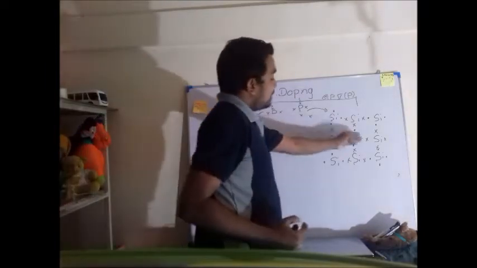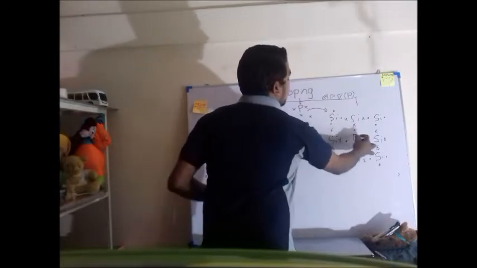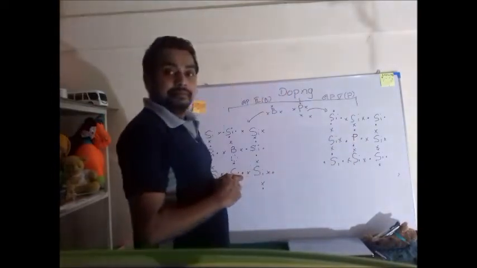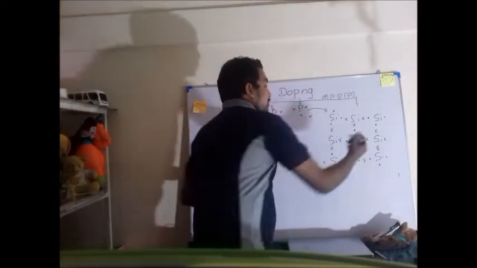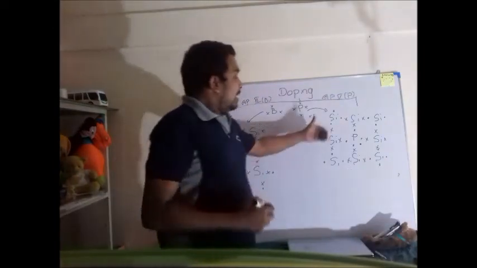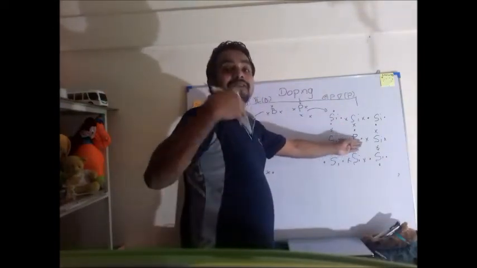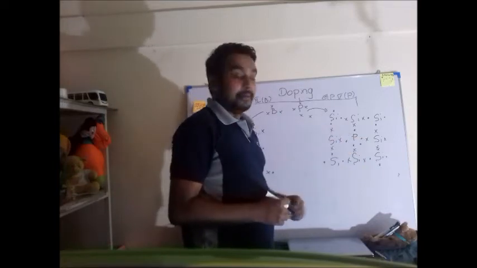Then I replace this silicon with a phosphorus atom. 1, 2, 3, 4, 5th electron, I can represent it like this. An extra free electron is introduced into this structure.